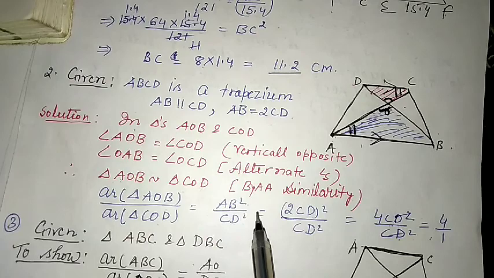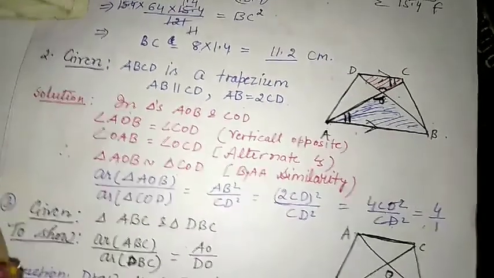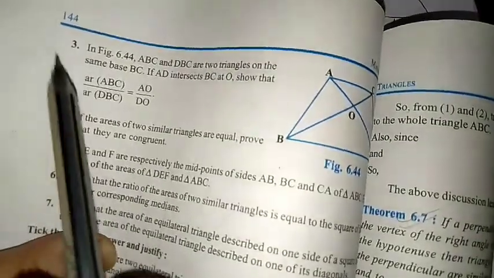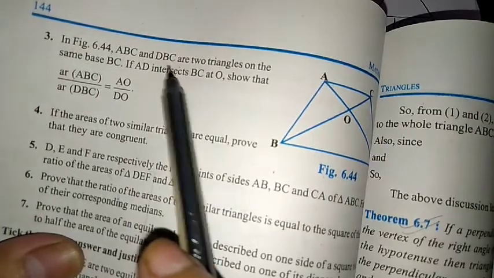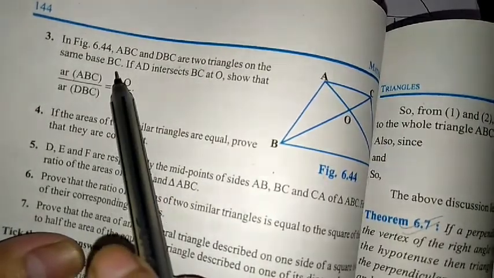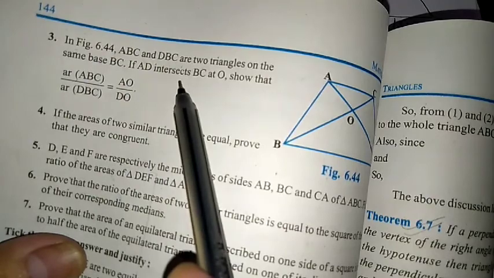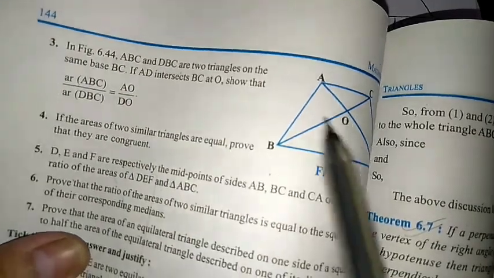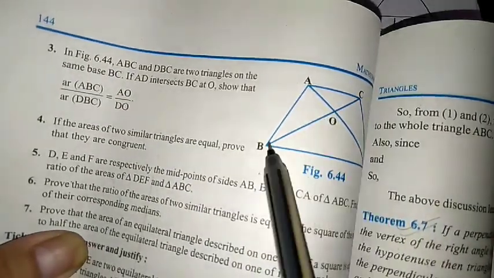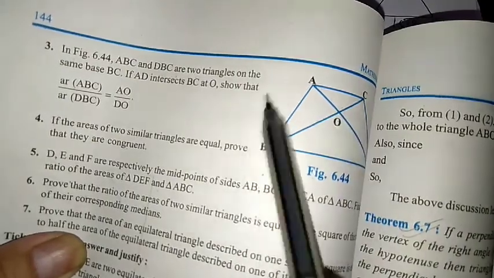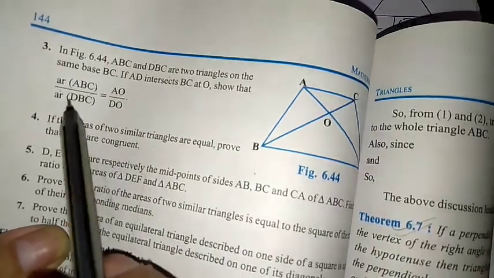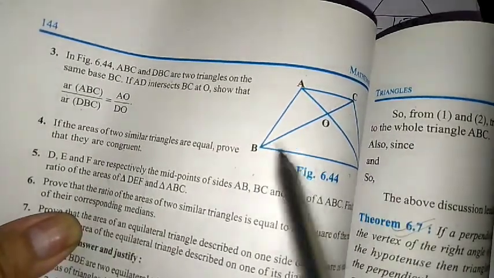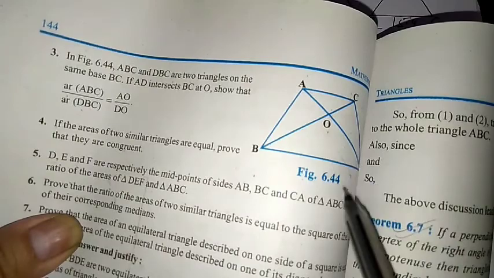Similarly, we can do the third question. In the third question, this figure is given and ABC and DBC are two triangles on the same base BC. If AD intersects BC at point O, we have to show that the area of triangle ABC upon the area of triangle DBC is equal to AO upon DO.